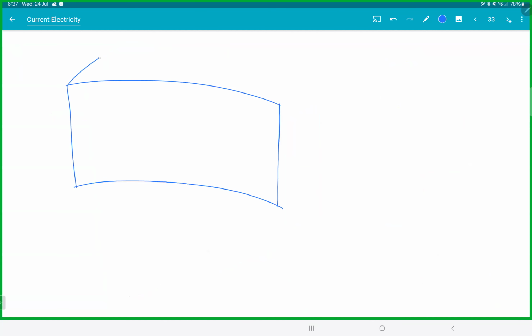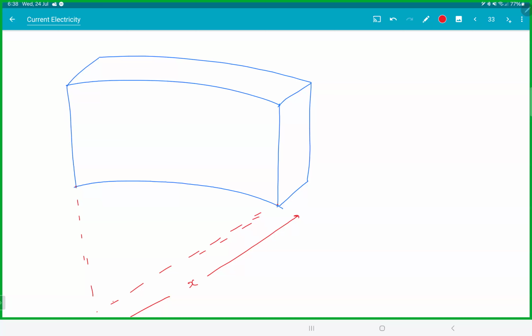At a distance x from here, take a thin strip dx. So we get a strip like this. Take a very thin strip, because the length is changing for each strip. So this area would be L into dx, and this length will be x into theta.